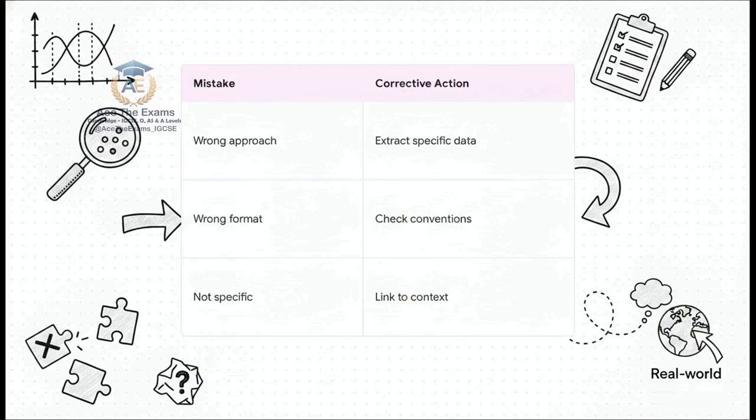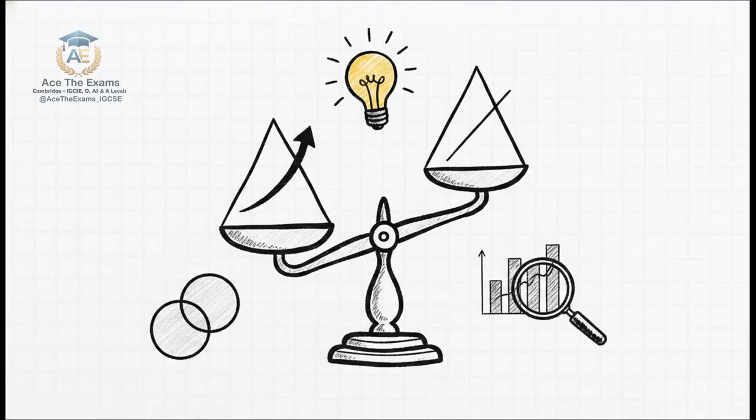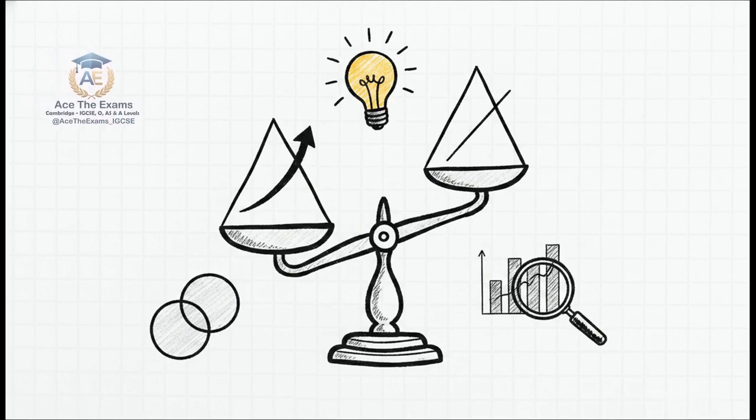If you see your own working out starting to drift into any of these mistake categories, you need to recognize that debris on your radar instantly and take immediate evasive action. To fully clear the debris field, you need to engage your comparative analysis elements. When the flight manual asks you to evaluate two different mathematical models, don't just list numbers. Identify similarities and differences. Use comparative connectives like conversely or in contrast.